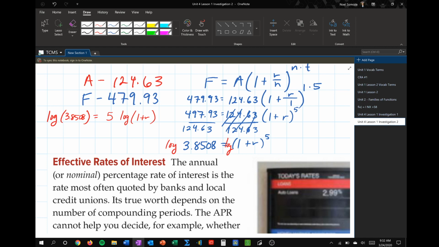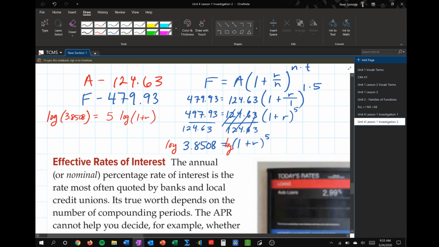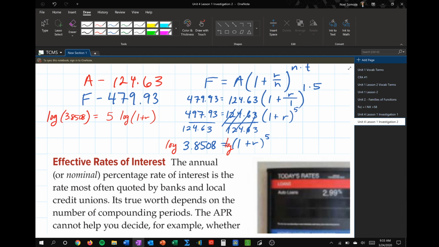Okay. All right, so now from here, then what happens, right? It's a little tricky. We haven't really dealt with something quite like this before. So what do we do? The log has a variable on the inside, okay? So first, let's find out what log of 3.8508 is, okay? And let's see where that takes us.